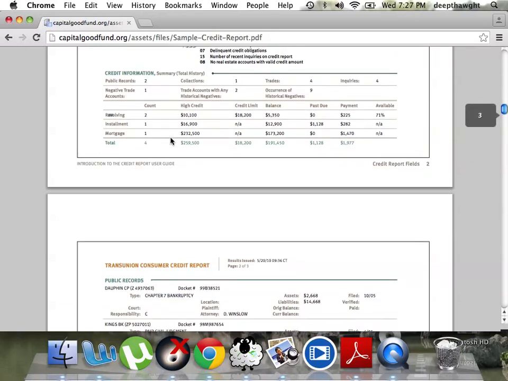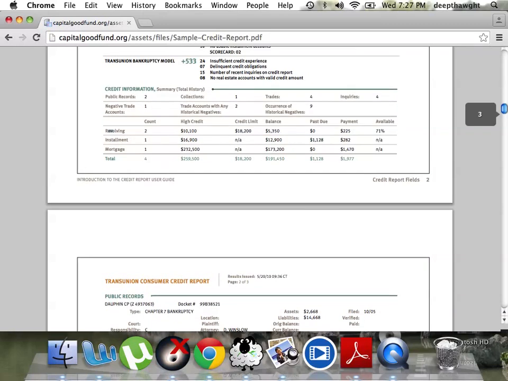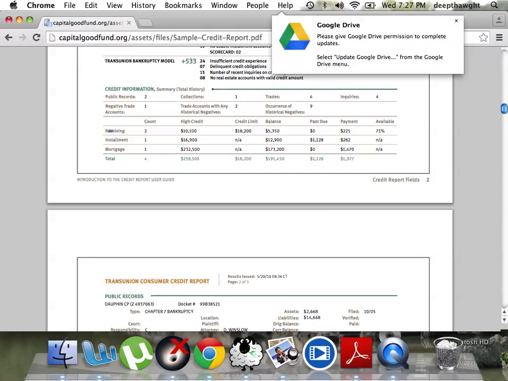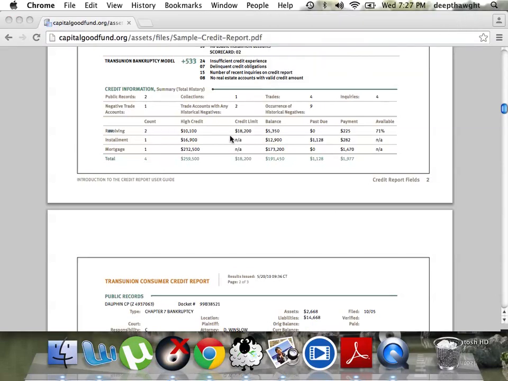And recall that every credit trade line or credit item on your credit report starts off with a high balance, meaning the high balance is what you opened up the account with, the maximum amount. What did you open up? And then the credit limit is the amount of credit that's available to you.